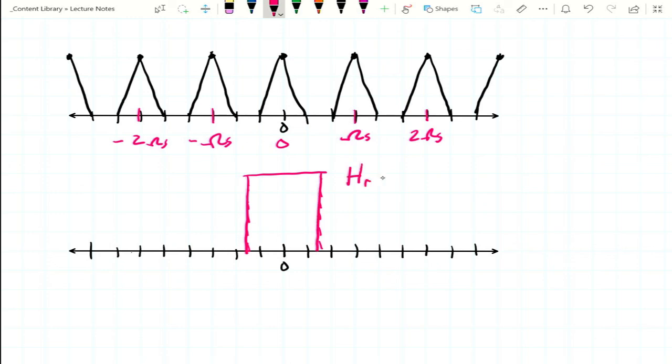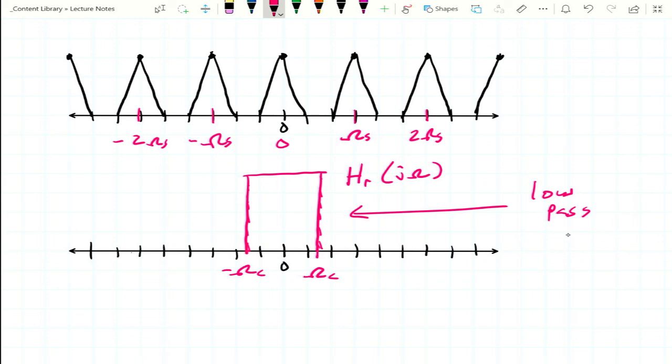So that's our h sub r of j omega. That's our cutoff frequency, omega c, minus omega c. That's our low-pass filter.